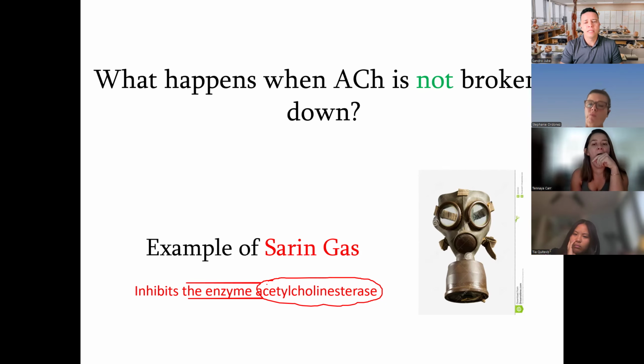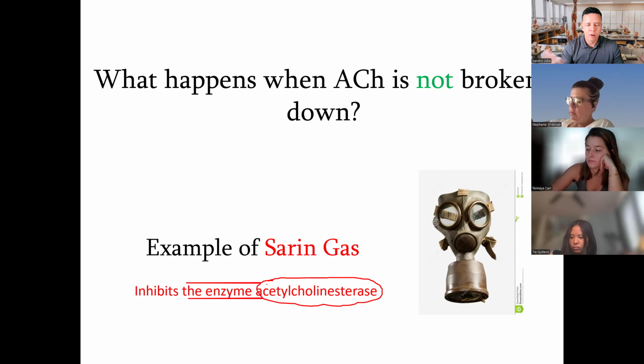Okay? That's what it does. Now, during World War II, the Germans were very good scientists, very good chemists, and they were very good at designing ways to kill the greatest amount of people in the most effective and most brutal way. That was Nazi Germany.